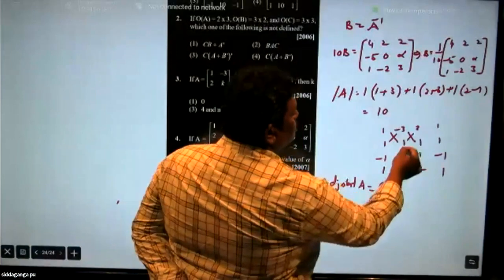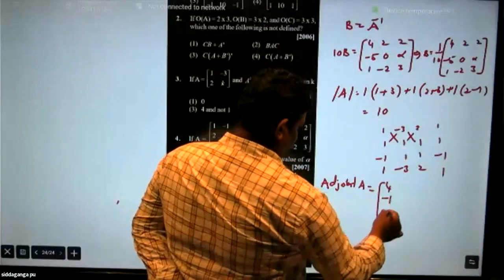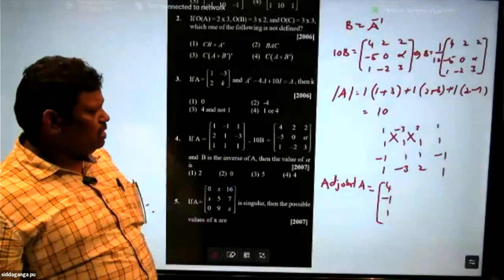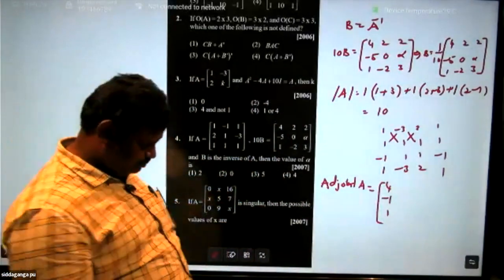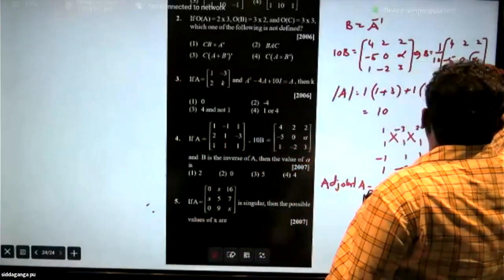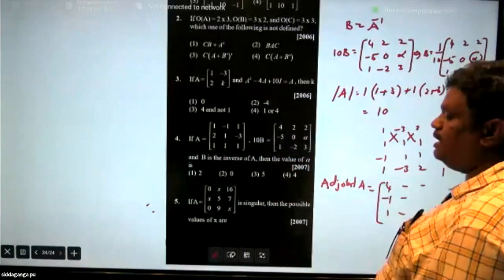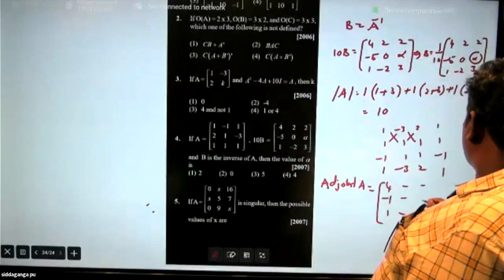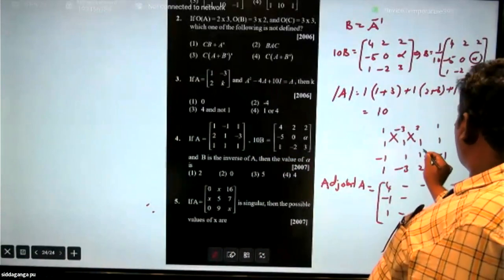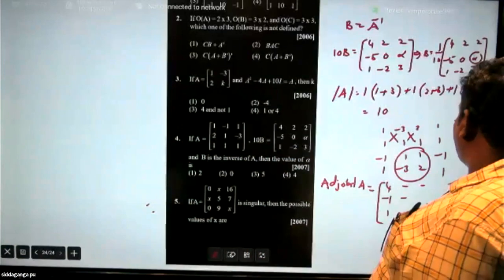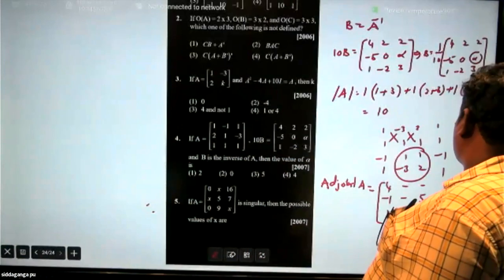Next these two: minus 3 plus 2, minus 1 value. 2 minus 1, 1. Actually this one is also not required. If you want the alpha value, here the element alpha is there, so this one is not required, this one is not required, this one is not required. We just find this value. This difference, 2 plus 3 is equal to 5. Now this one is also not required.